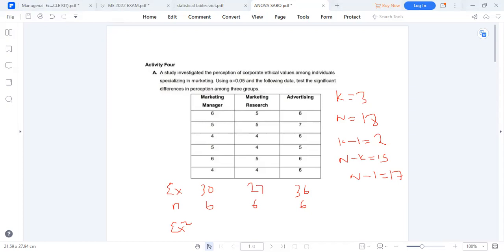Others must be verifying. 154 for the first one. Okay. 123 for the second one. 218 for the third.